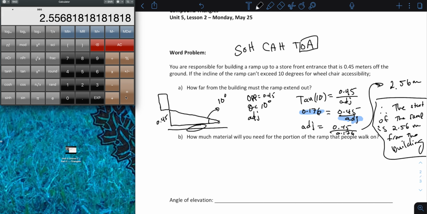Now the next question was a little tough to word. But how much material will you need for the portion of the ramp that people walk on? That's me just talking about this right here, the hypotenuse. So I know two of the side lengths, right? I want to actually solve for the hypotenuse in this instance, so why don't I use Pythagorean.